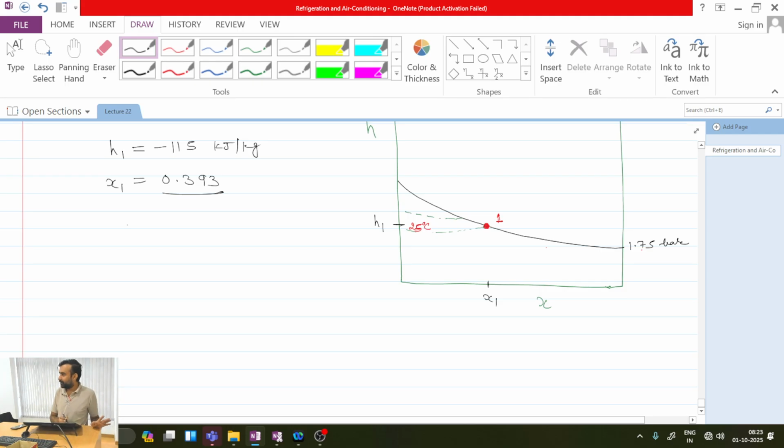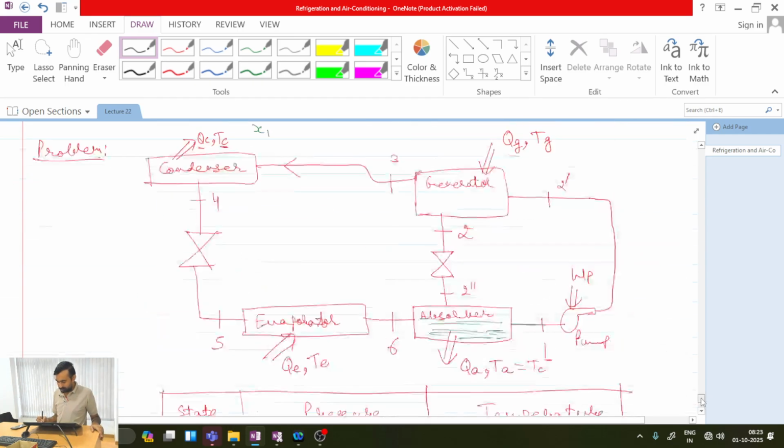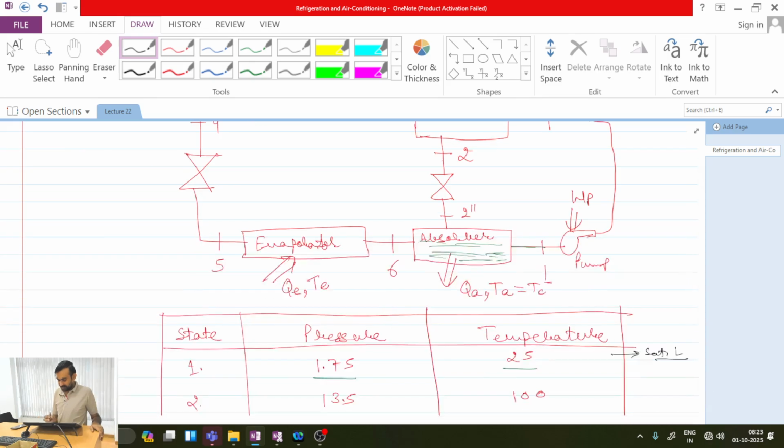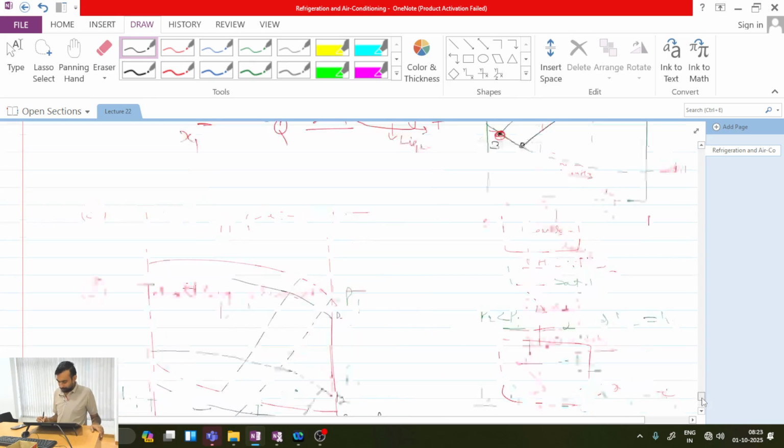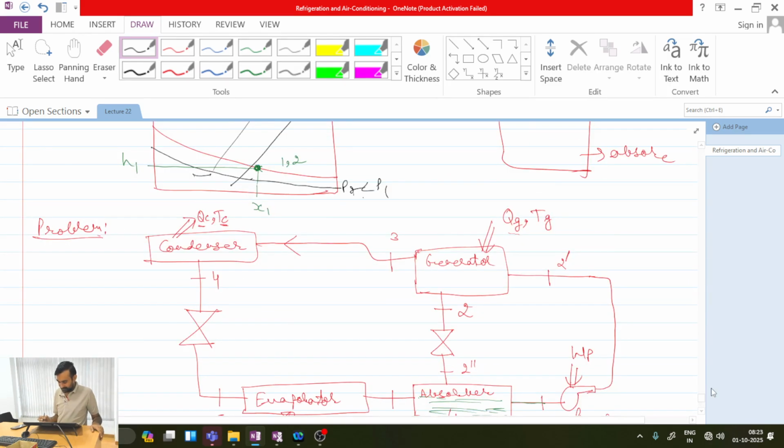All have located. Now let's go to state 2. Now see, where is state 2? What is state 2? Exit of generator. At the exit of generator, generally from the bottom, what do we collect? From the bottom we collect liquid.